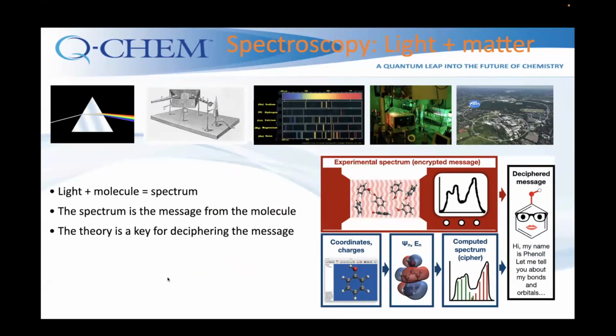If we analyze the light that passes through matter, we will see that light can be absorbed at particular wavelengths. This pattern of light absorption or light emission is called a spectrum. Here on the top panel, you see a few historic setups, like the experiment of Bunsen and Kirchhoff.